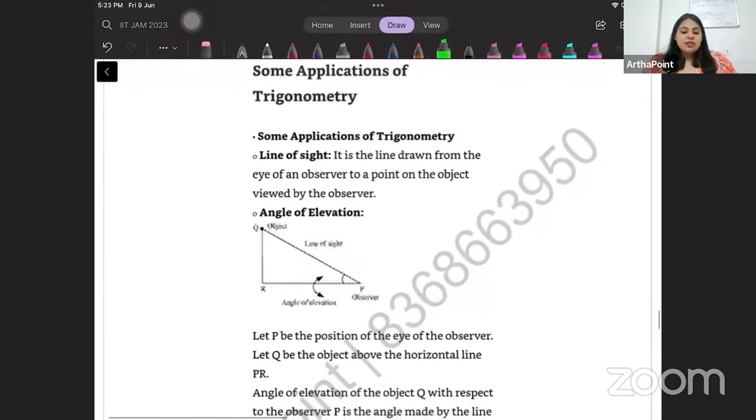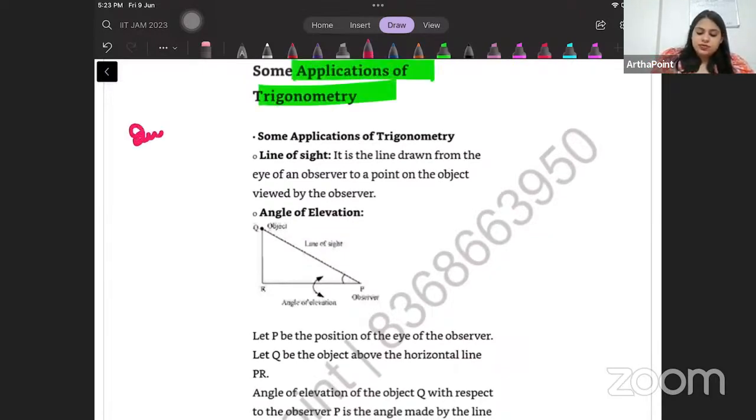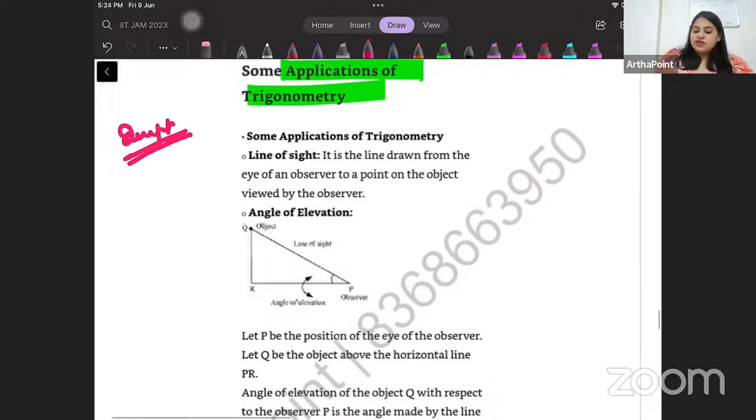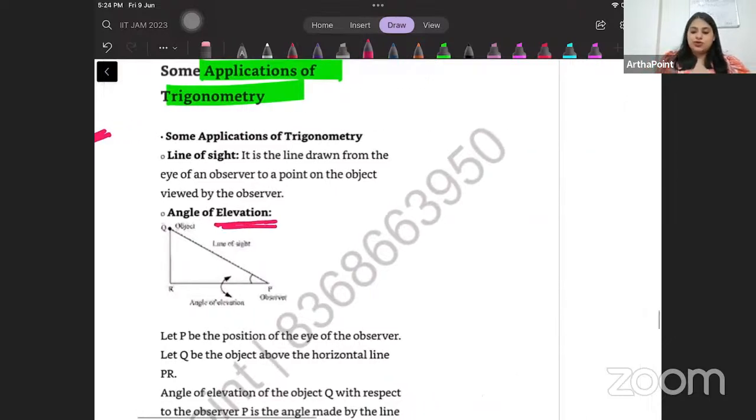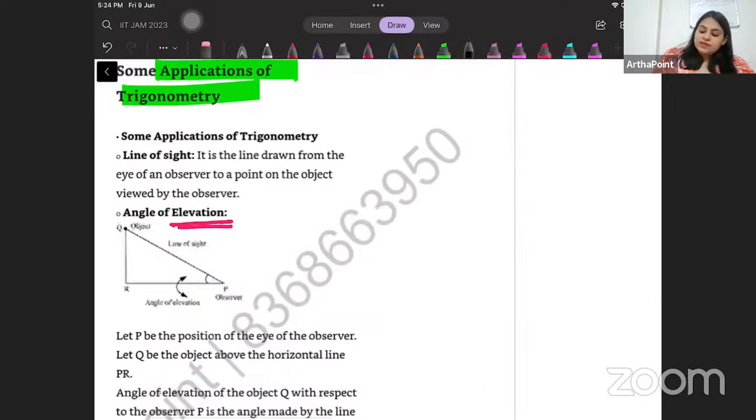Now, simultaneously, beta, I will also go ahead and cover some part of application of trigonometry. Very, very important. So when we talk about application of trigonometry, you must understand something which is known as an angle of elevation. Suppose this is a right angle triangle.